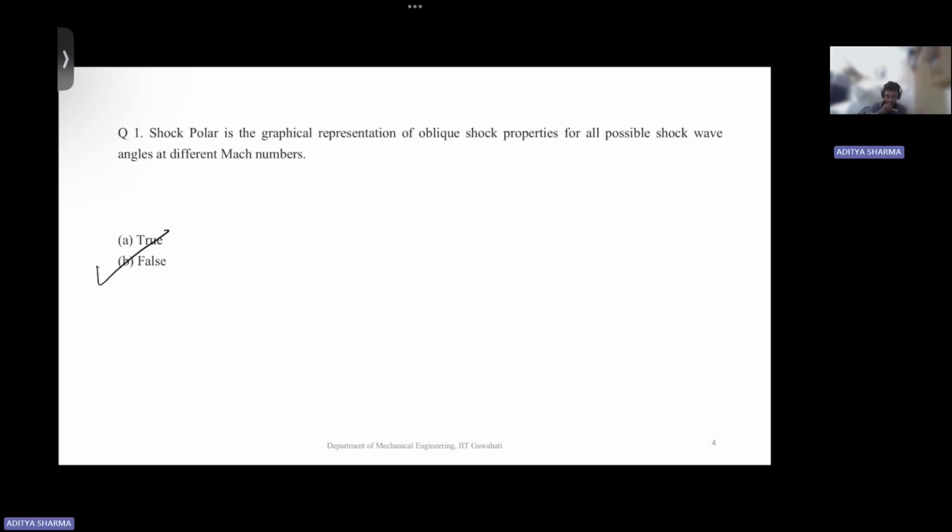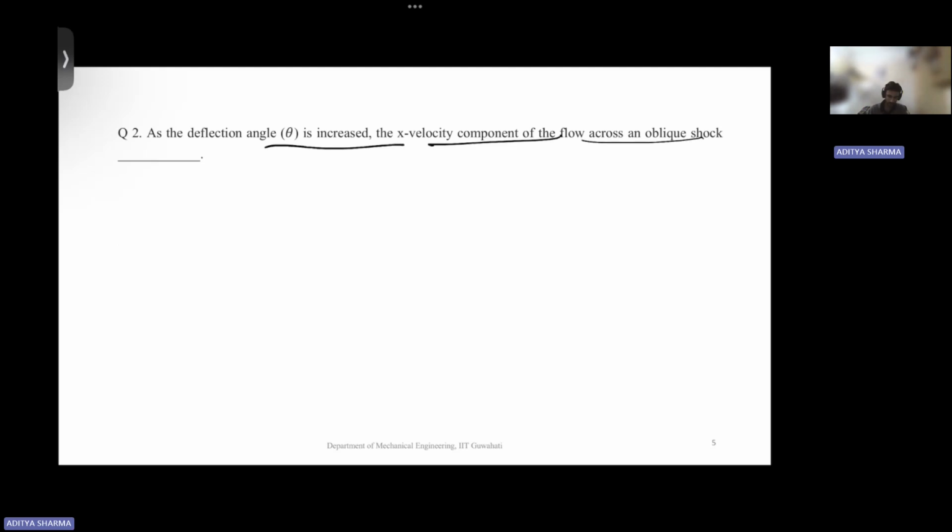So in that case, this is a false statement. So this basically is about shock polar. If you know shock polar, that should suffice.